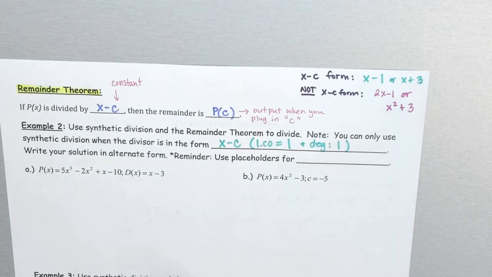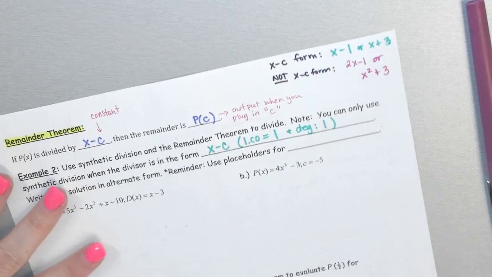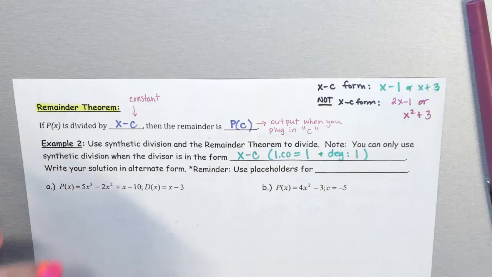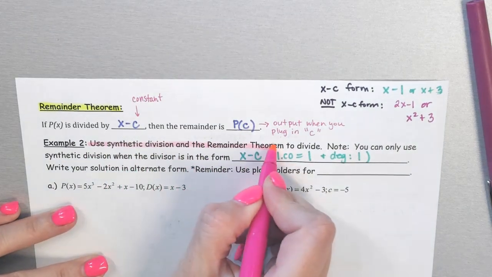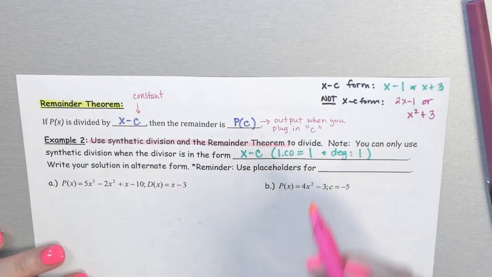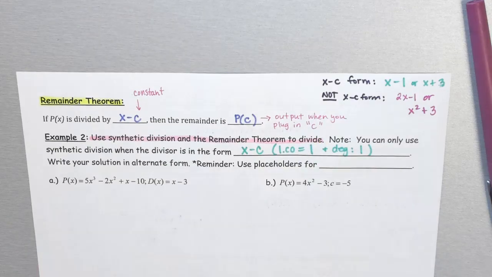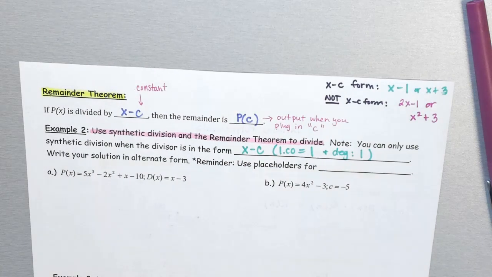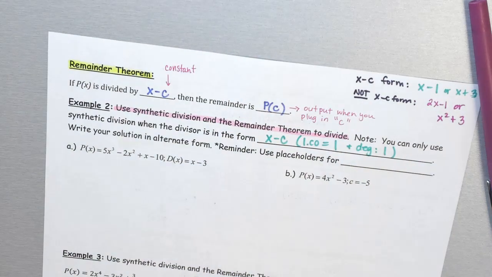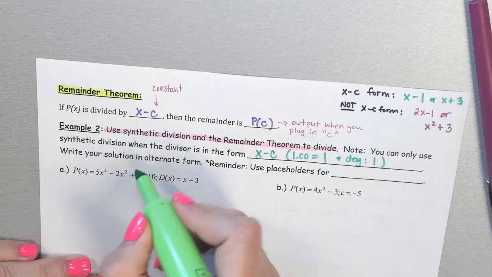All right, so we are going to use synthetic division and the remainder theorem to divide. And then again, there is that note that we talked about. You can only use synthetic division when the divisor is in this form, x minus c, leading coefficient 1, degree 1. We are also going to be writing our solutions in alternate form.